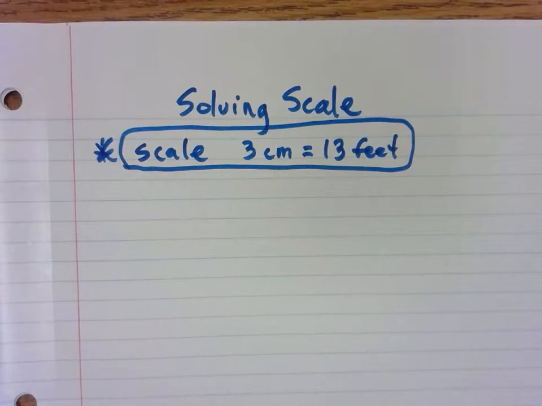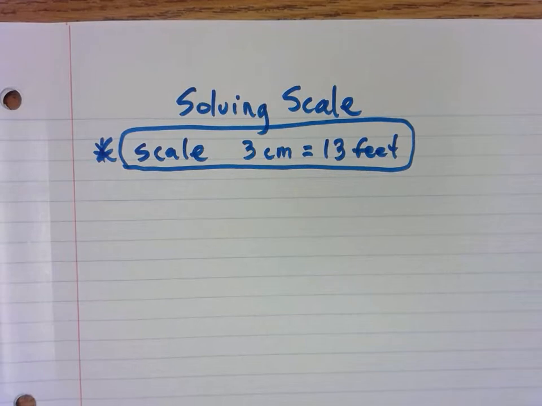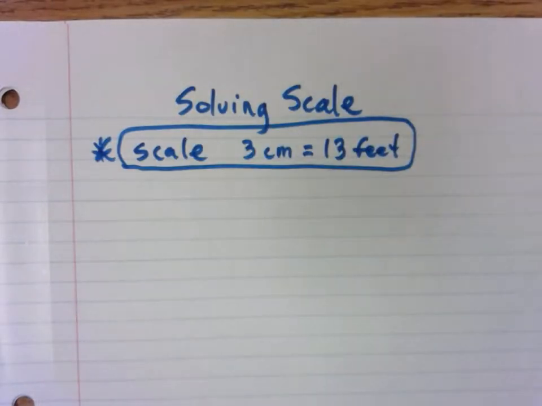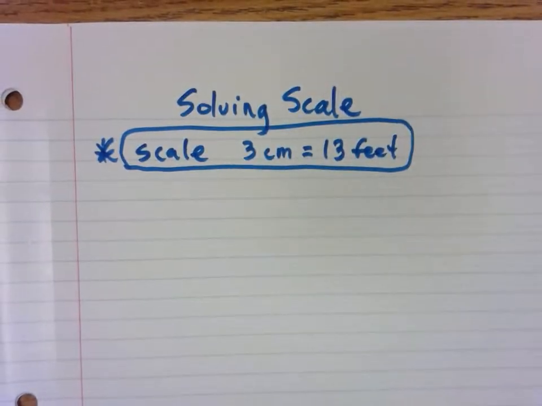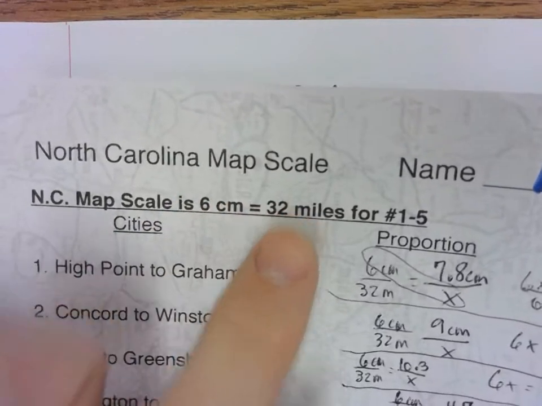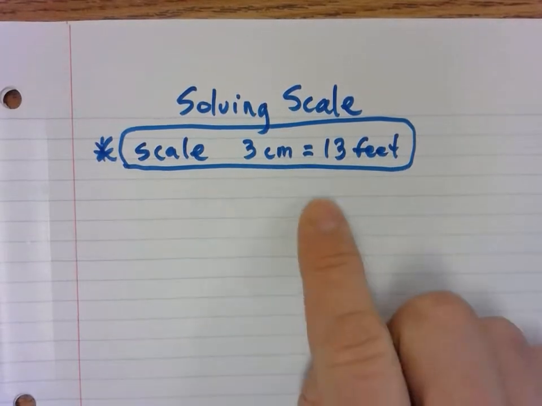I'm going to show you a couple different ones from the assignments you're going to be doing. Right here on this page, the scale is 3 centimeters equals 13 feet. On this one, the scale is 3 centimeters equals 1,200 miles. On this one about the North Carolina map, it says 6 centimeters equals 32 miles. Every time you get one of these assignments about scale, you need to find where this is.